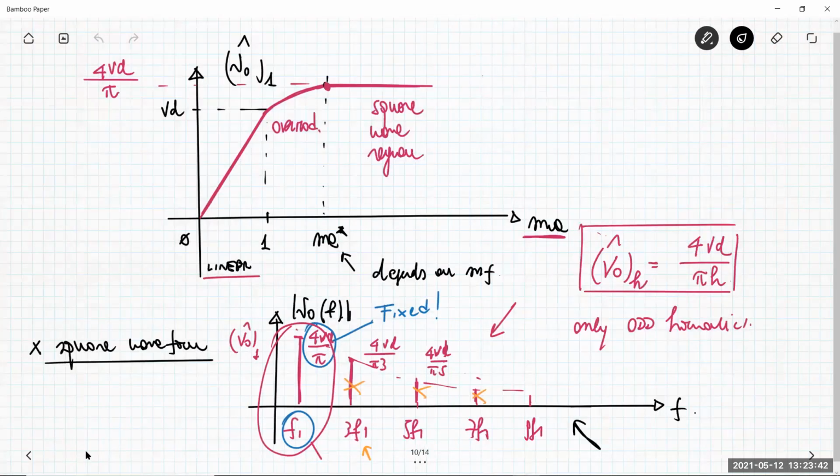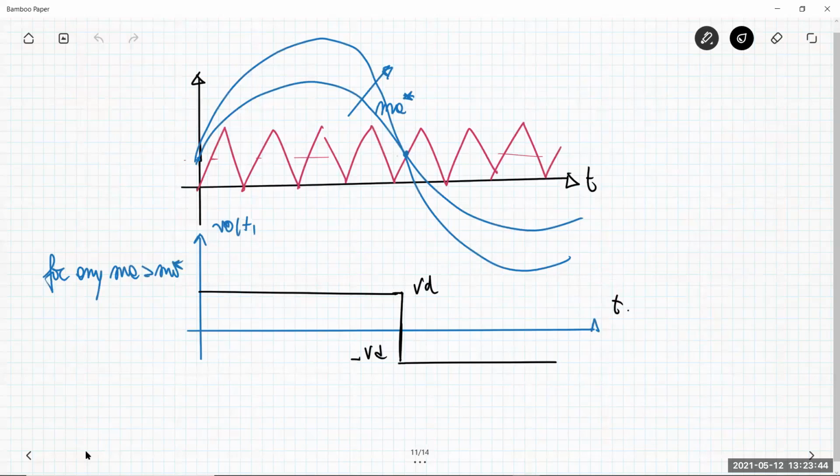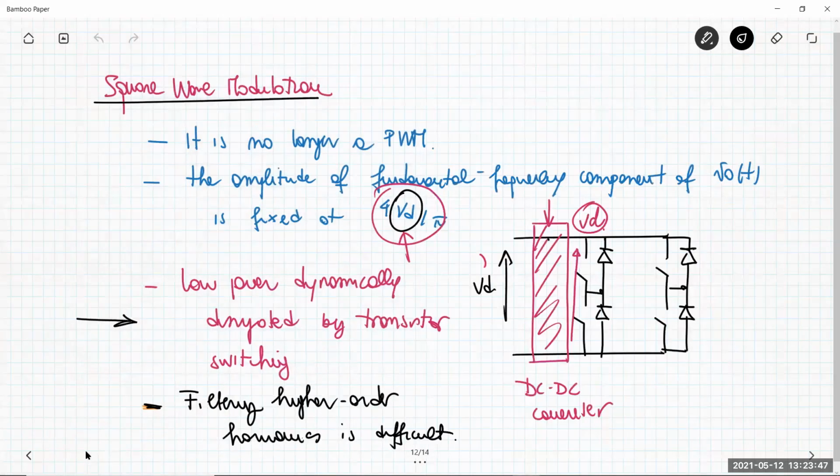Another thing related to this difficulty in filtering high order harmonics can also be indicated by looking at the ripple in the current.